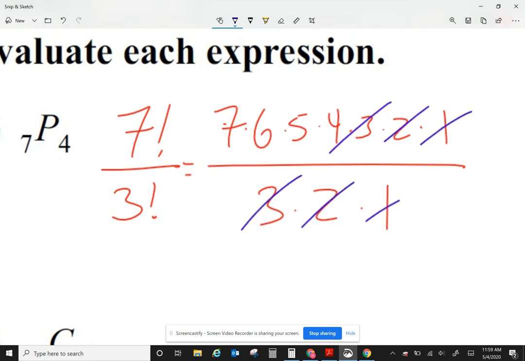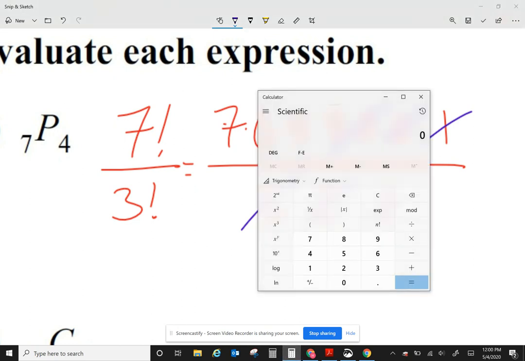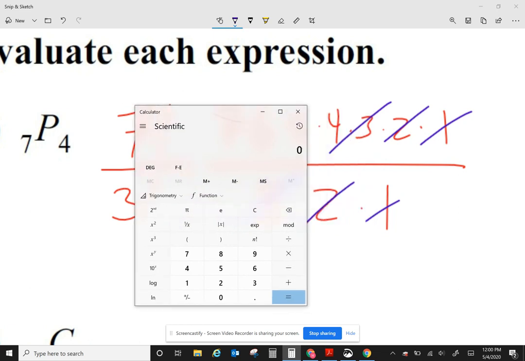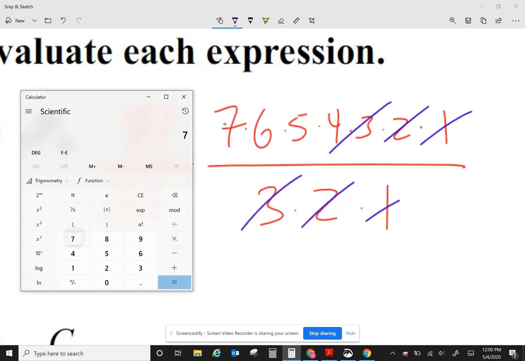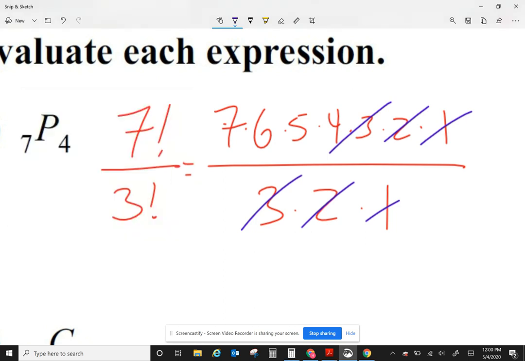The 1's cancel out. I have nothing at the bottom. So for the top, I have 7 times 6 times 5 times 4. Let me figure out what that is. So my answer in this case is 840.